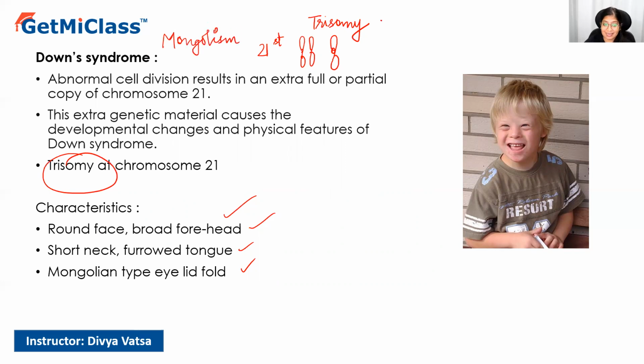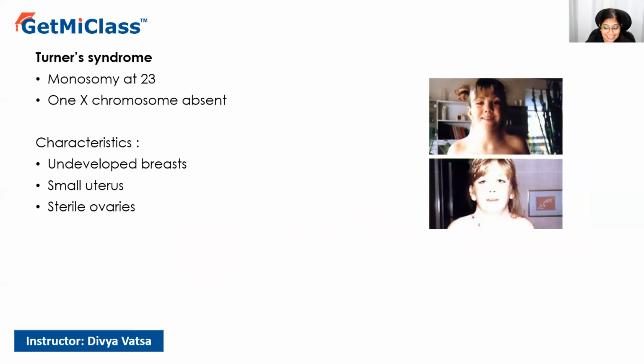Now moving on to the next one, that is the Turner syndrome. The Turner syndrome means there is monosomy at 23. So at the 23rd chromosome, where two chromosomes should be present, one chromosome is gone. So there is only one chromosome present at the 23rd position. And this mostly takes place in females.